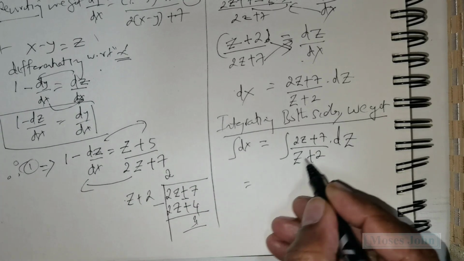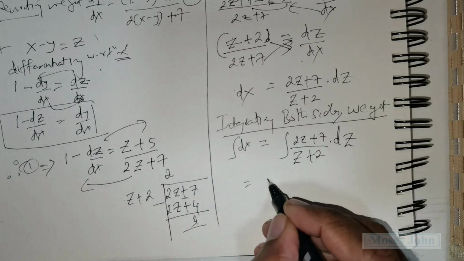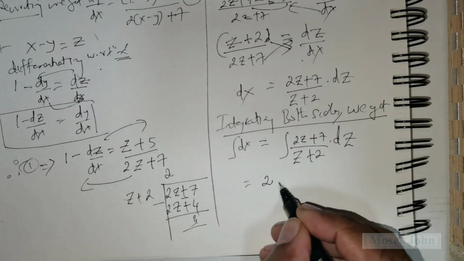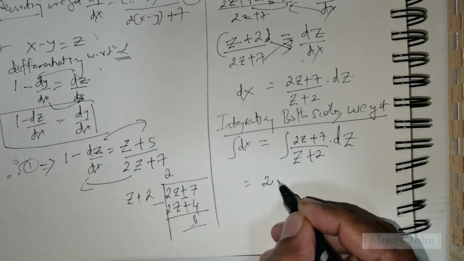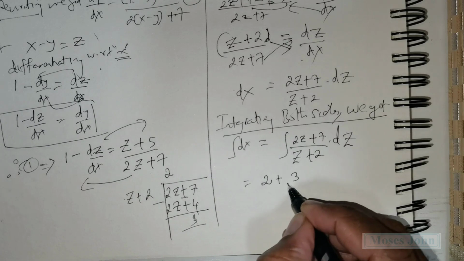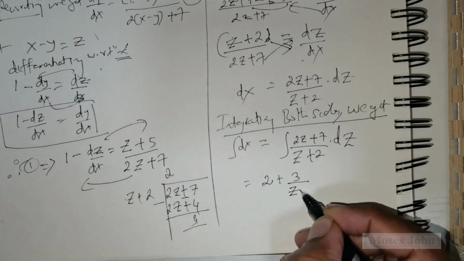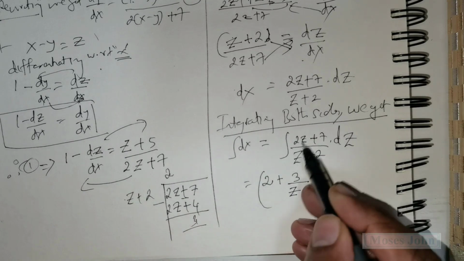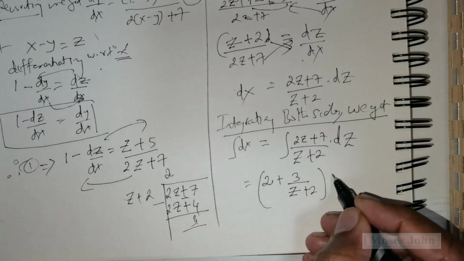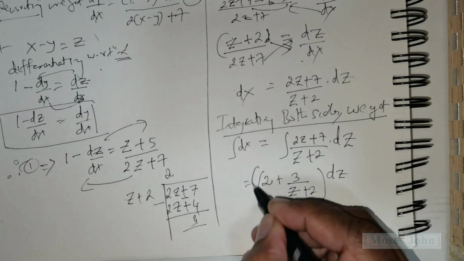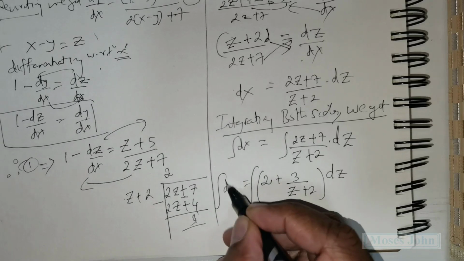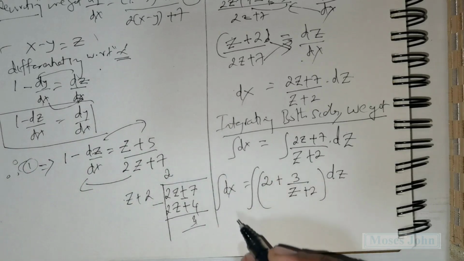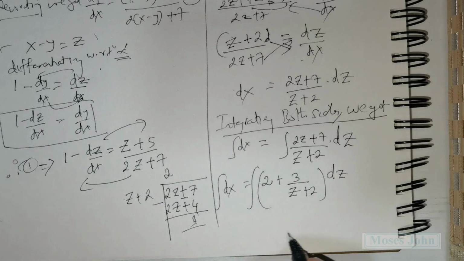This quantity is rewritten as 2 + 3/(z + 2), times dz with the integral symbol. Don't integrate the integral of dx on the left, just retain it as it is.